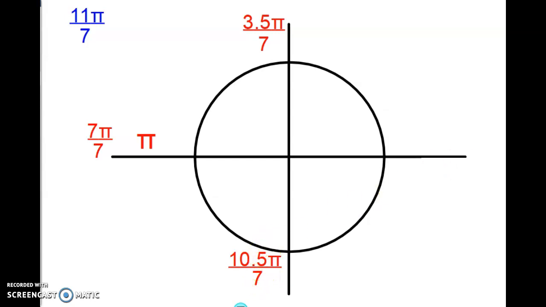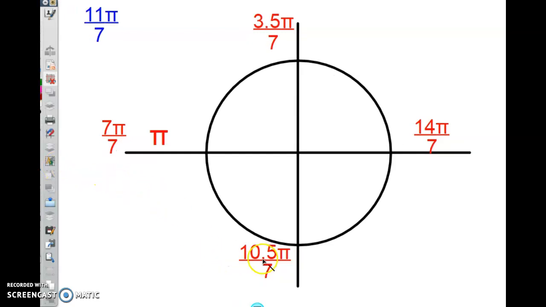And another 3.5 added to 10.5, this would be 14 pi over 7. Now guess what, folks? We want 11 pi. Well, there's 10. So 11 is going to be close like that.